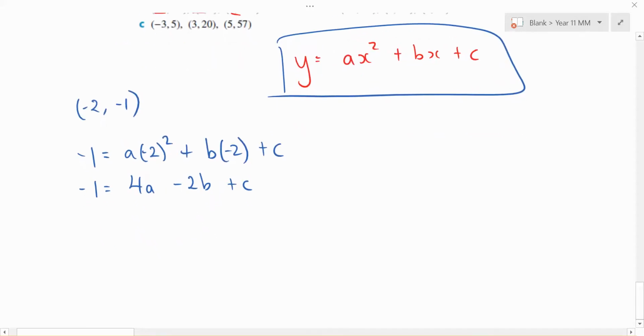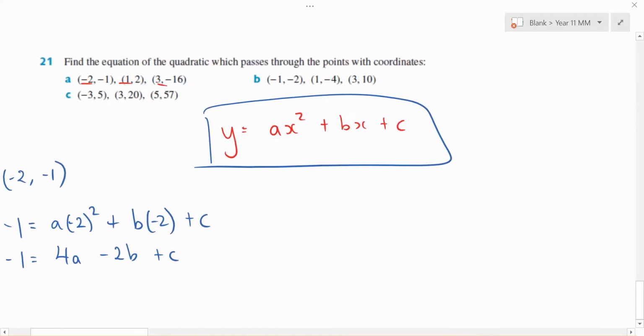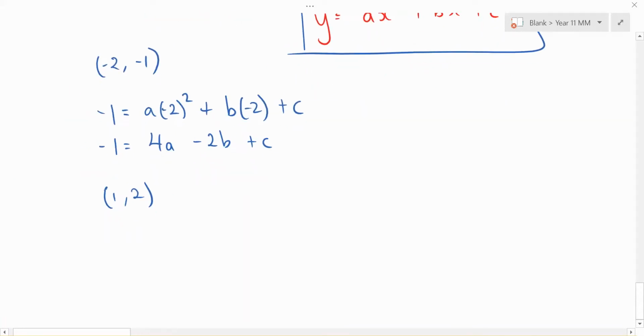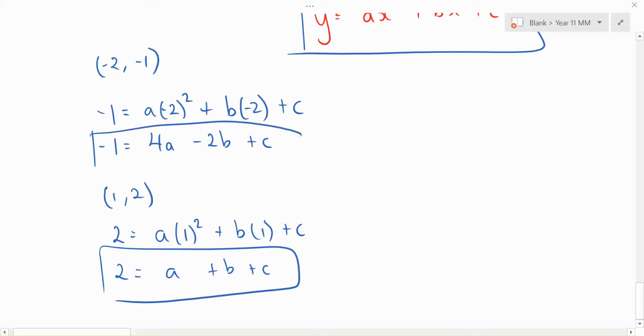And then the next coordinate, when x is 1, y is 2. Then 2 equals a times 1 squared plus b times 1 plus c, and that simplifies down to 2 equals a plus b plus c. So now I've got my second equation. This is my first equation.